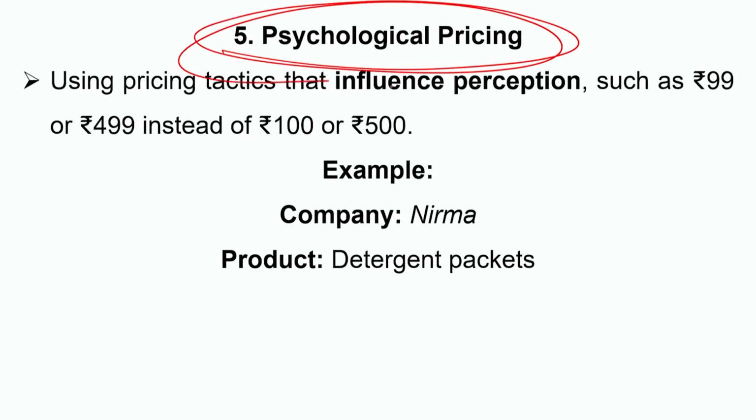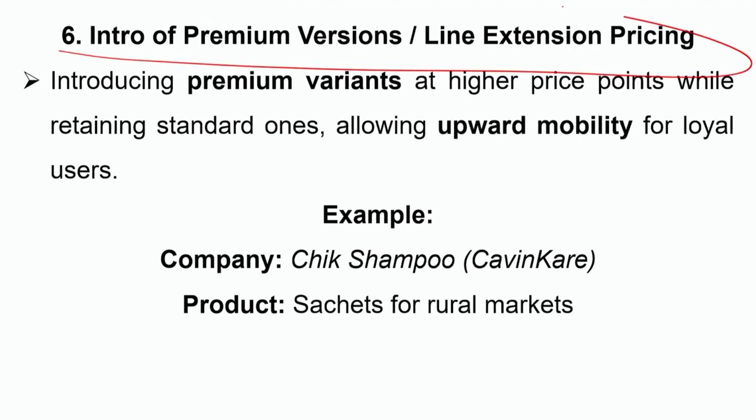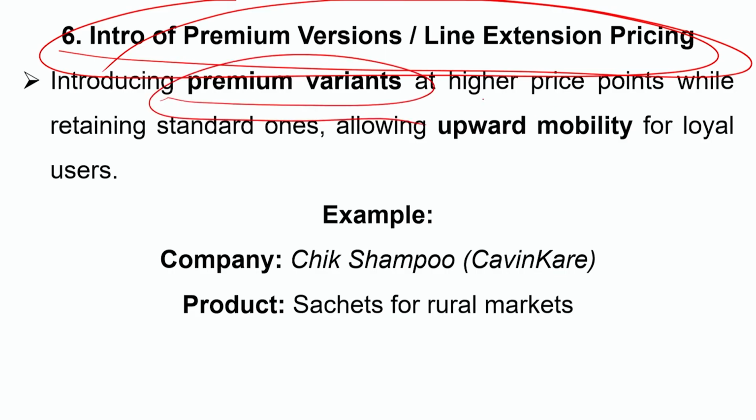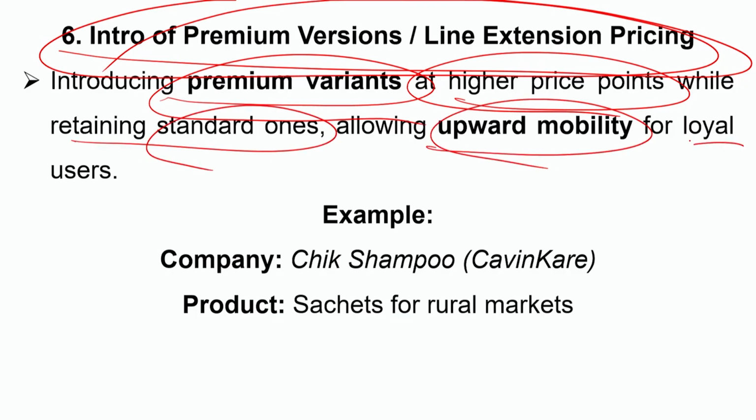Psychological pricing, I have explained, is something you do in the mind of the customer, as in the example of using 99 instead of 100 rupees. And the last one is introduction of a premium version, line extension pricing. In this, you introduce a premium variant at a higher price point while retaining the standard one, allowing upward mobility for loyal users.